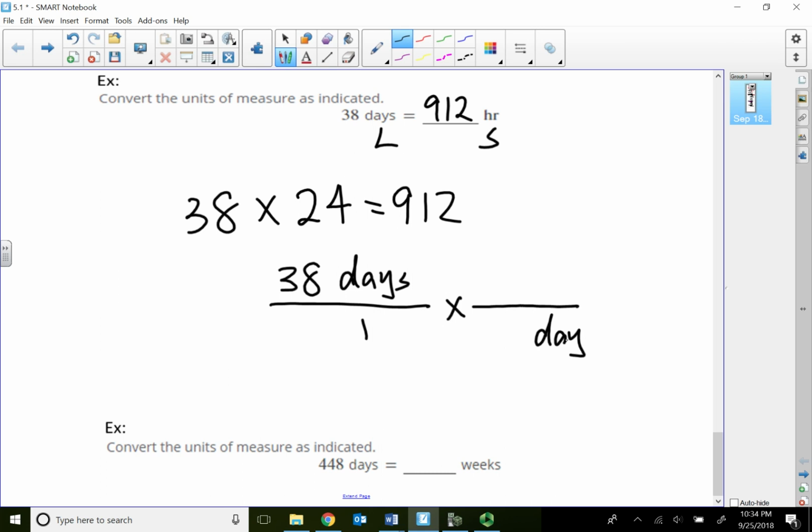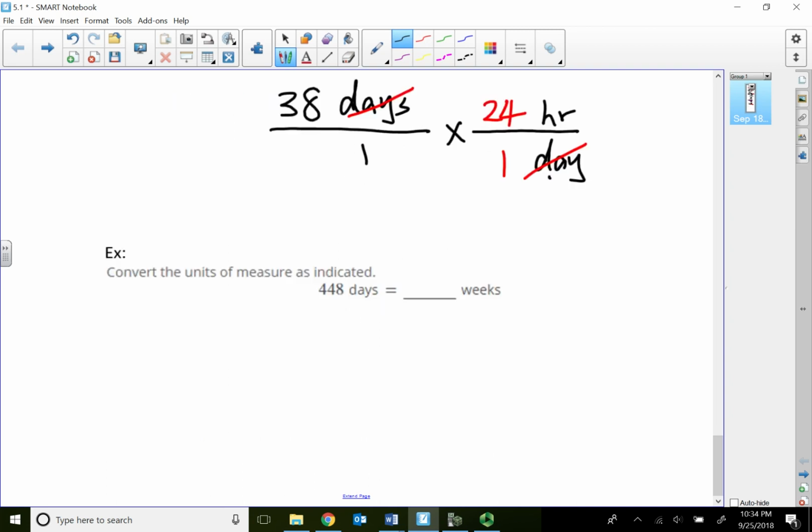So on my formula sheet, I can go from day to hour, so that's why I put the hour on top. We know from the formula sheet, 1 day is 24 hours. Days cancels out. So this problem simply becomes 38 times 24 because the denominator is just 1, which is the same thing as my shortcut method, 912.